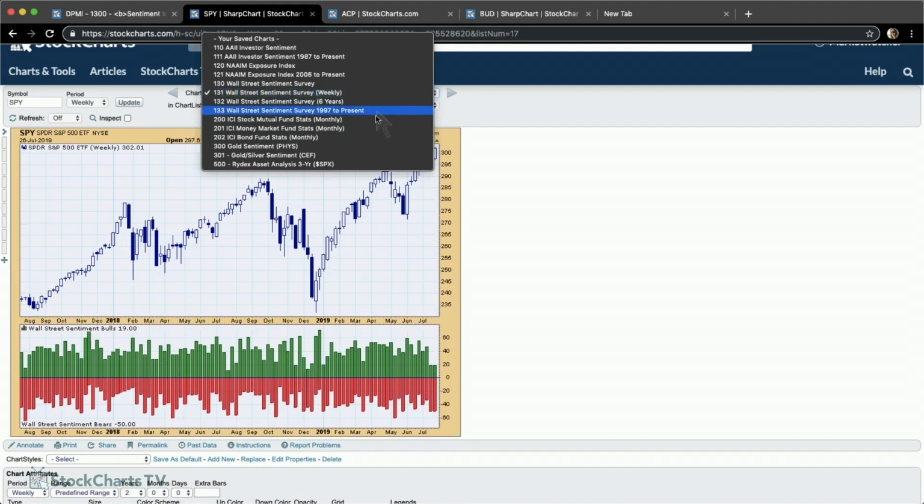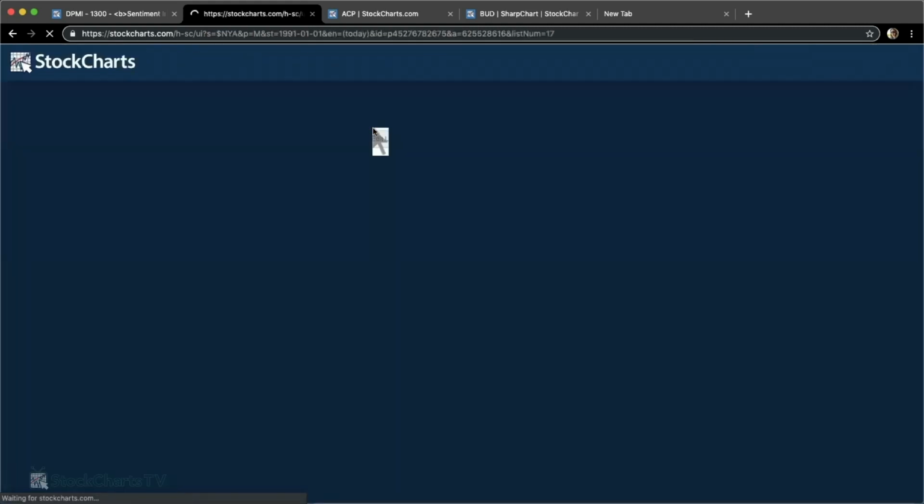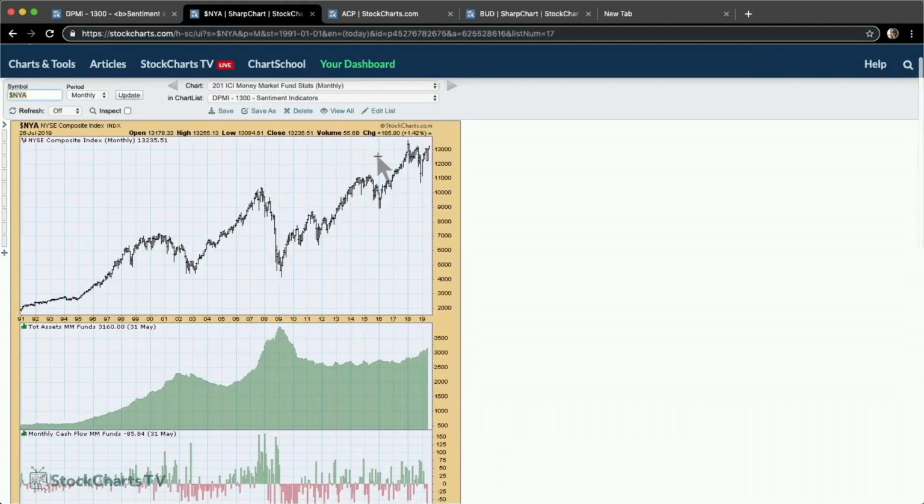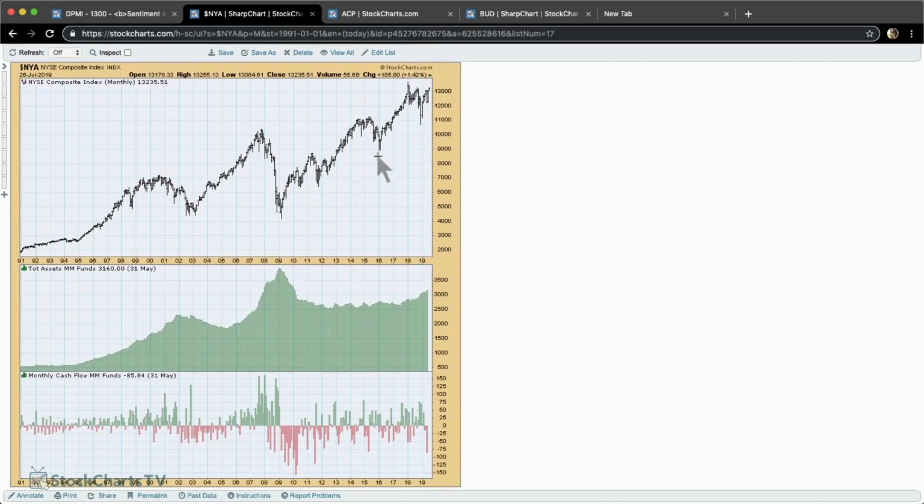Right. These are the ICI mutual fund stats. These are monthly, and they lag by like 2 months. They're interesting to look at as well, looking at cash flow in the funds. But like I said, the last reading was May 31st, and we won't get the June 30th reading until the end of this month.